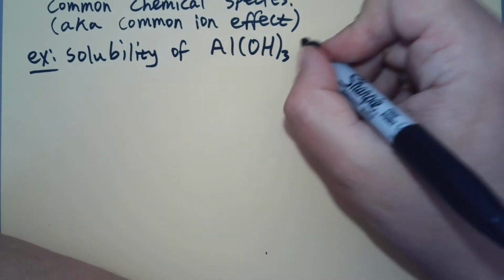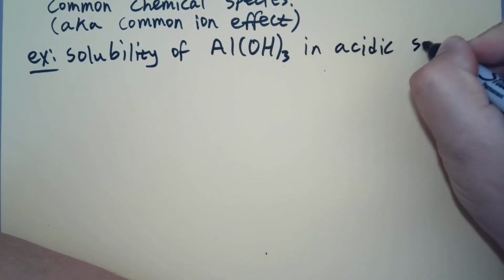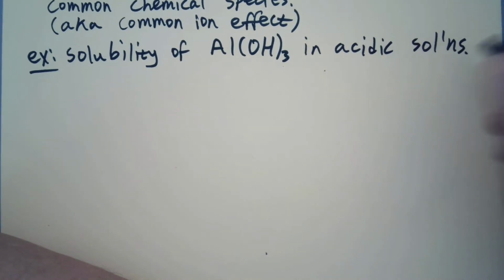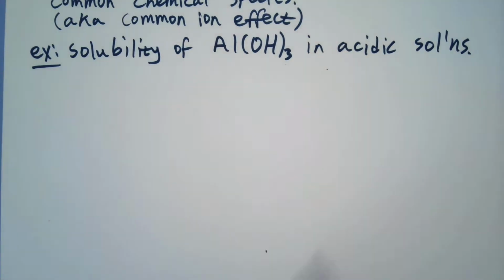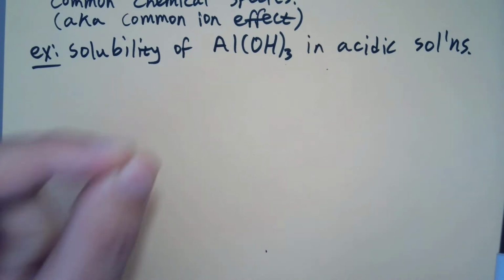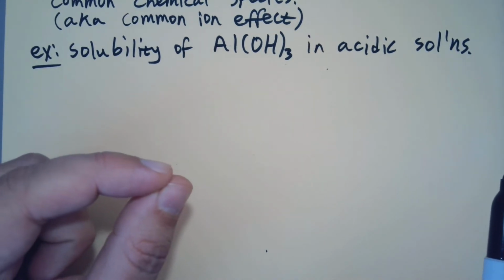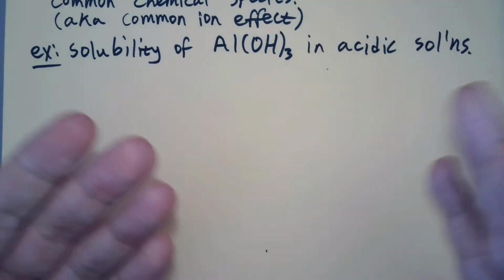But let's talk about this in terms of being in an acidic solution. Why would an acidic solution affect the solubility of aluminum hydroxide? So remember, it's not very soluble, right? It was very, very, very little bit that would dissolve. Under the old rules, insoluble; under the new rules, tiny little bit, nanomolar solution.